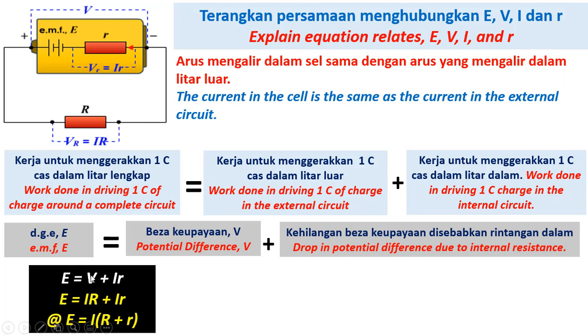E refers to the EMF, V refers to the potential difference across the resistance R, and Ir is the voltage loss due to internal resistance, that is current times internal resistance. So we substitute V, the potential difference, equals I times big capital R, IR, the external resistance, plus Ir. We get the formula E equals I in brackets big R plus small r, and this is the formula you can use to calculate EMF.